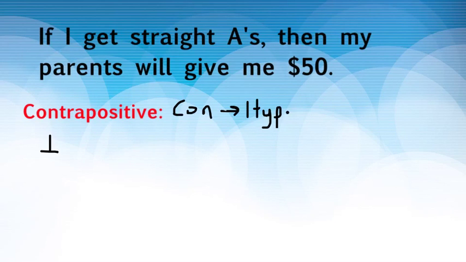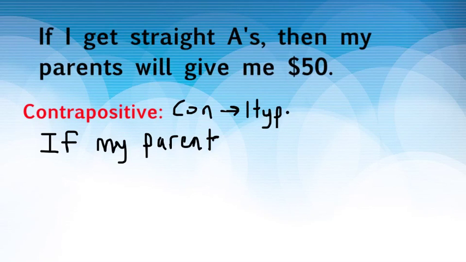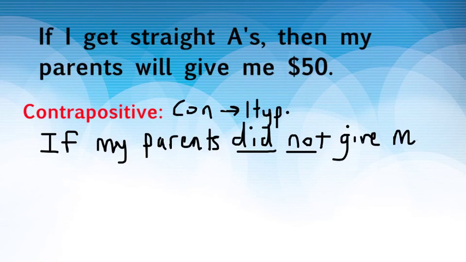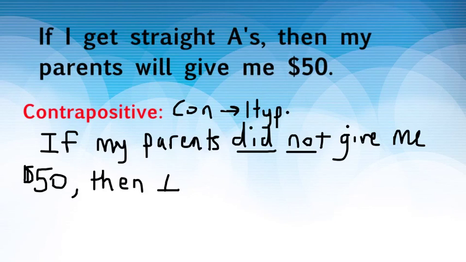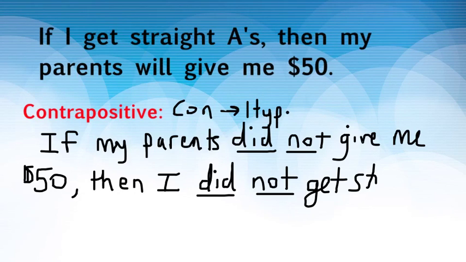So if my parents did not give me $50, again, we want to negate it in there, then I did not get straight A's. Okay. There we go. That is our contrapositive.